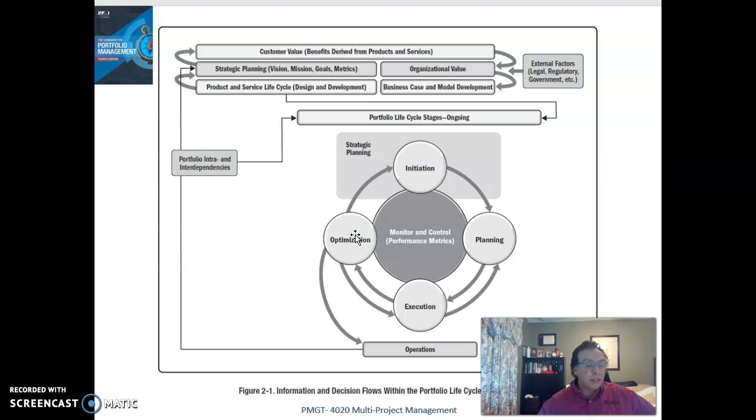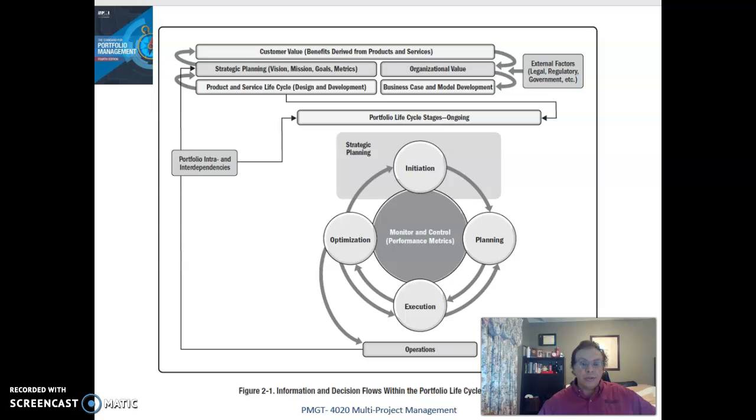Notice that these are not sequential. And in the middle, we have the monitoring control looking specifically at performance metrics. Information and decisions are passed within and between these phases. Replanning occurs frequently, and all stages are adaptable, flexible, and fluid.